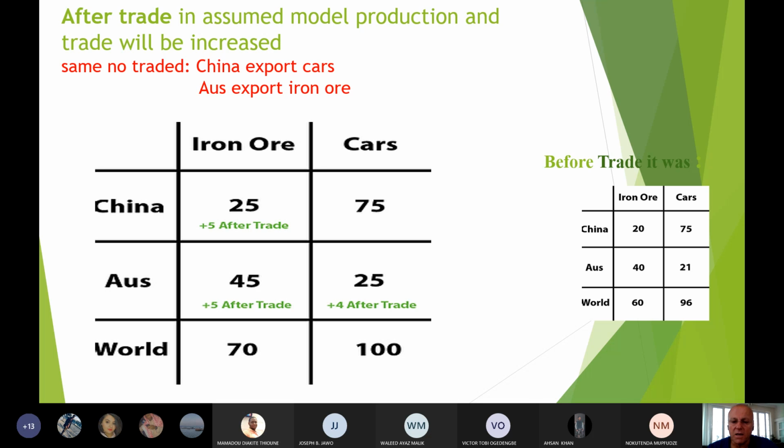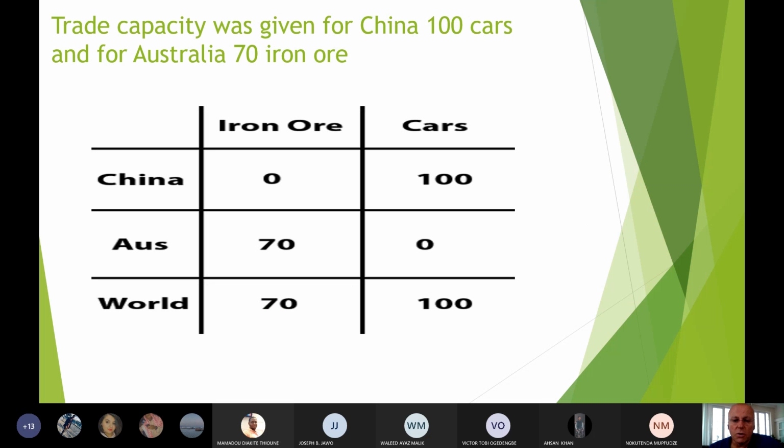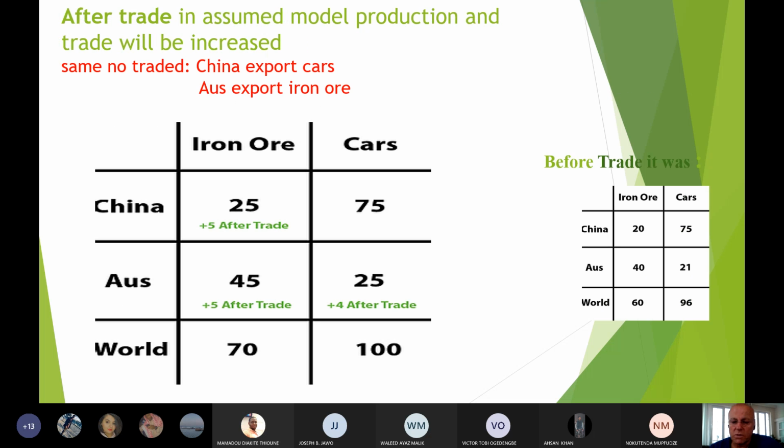For car production, it was supposed to be 100 units, but 75 units were realized for China, and the rest is supposed to be substituted through trade relations. It was 21, but now it is going to be 25, shifting from 21 to 25 and increasing by 4 units for Australia as well.